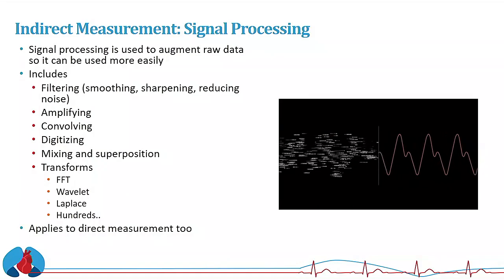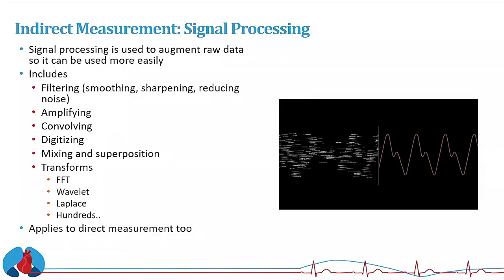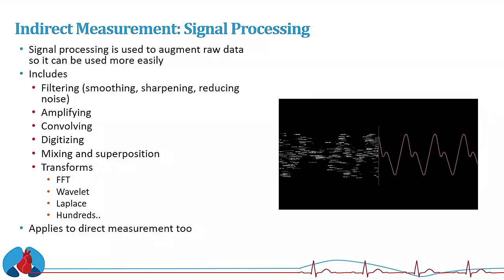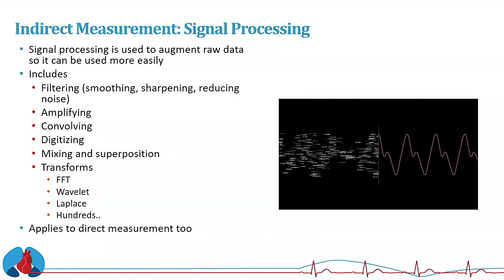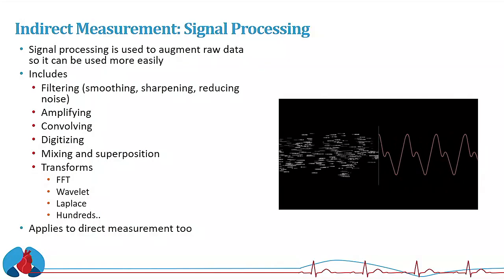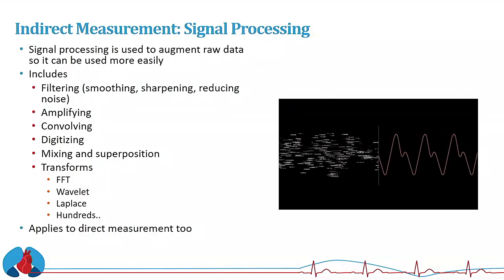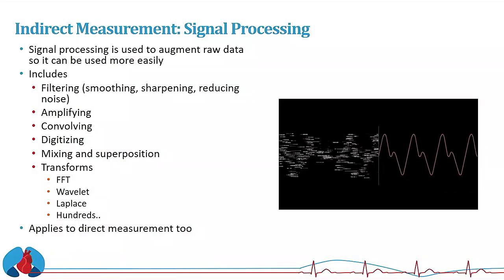So signal processing. Signal processing is obviously important for both indirect and direct measurement, but it's way, way, way bigger in indirect measurement. So signal processing is what we do to take raw data and augment it so we can use it more easily.